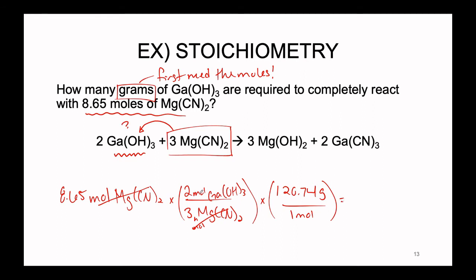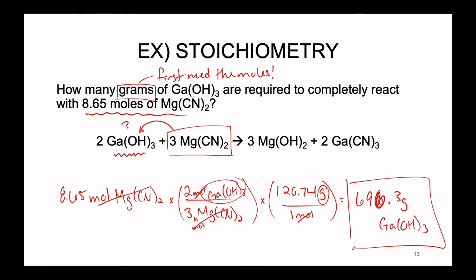From here, we are now out of the unit of the mole and into the unit of grams gallium hydroxide. So we can take 8.65, multiply it by 2, divided by 3, multiply that by 120.74, and our final answer is 696.3 grams of our gallium hydroxide.